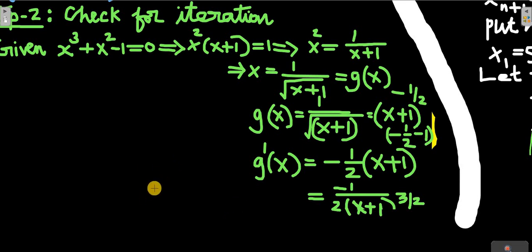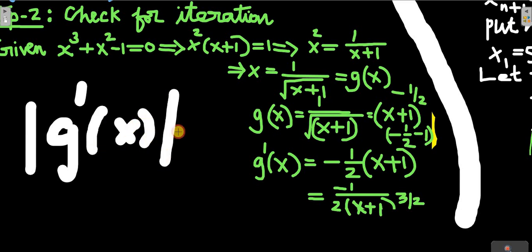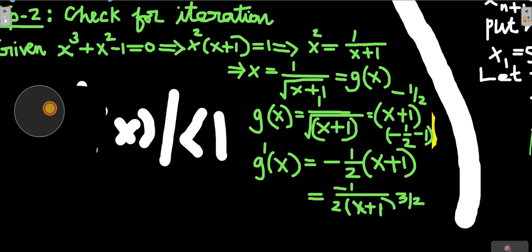That's what wrongly I said. So sorry for the mistake. Now what we have to prove? Absolute value of g dash of x must be less than 1. That's what we have to prove. That's what our aim here.